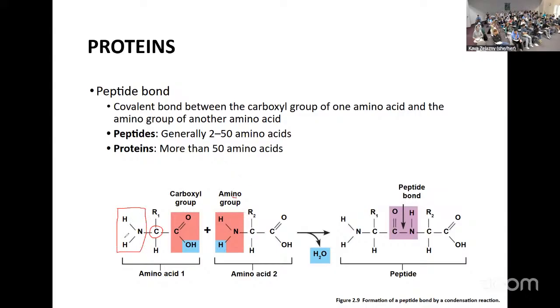On the other side, we have our carboxyl group, carb for carbon and oxyl for oxygen. The carboxyl group is a carbon double bonded to oxygen on one side, and a hydroxyl group, oxygen and hydrogen, on the other side. At the bottom there's just a little hydrogen hanging out, and we see this R group up top.